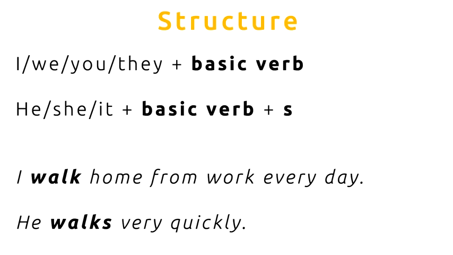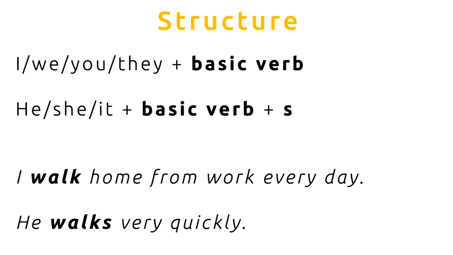This is the structure for the positive. So we use I, we, you, or they plus a basic verb. But when we use he, she, and it, we use a basic verb plus s.